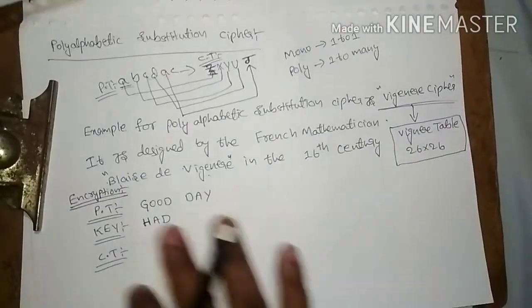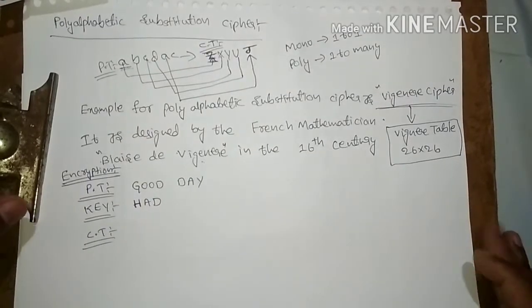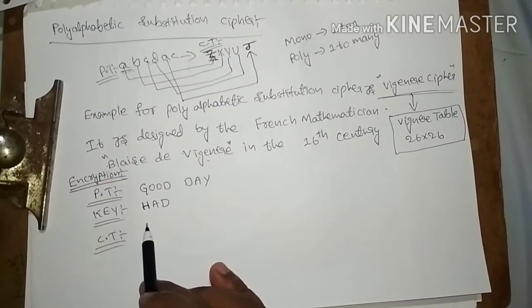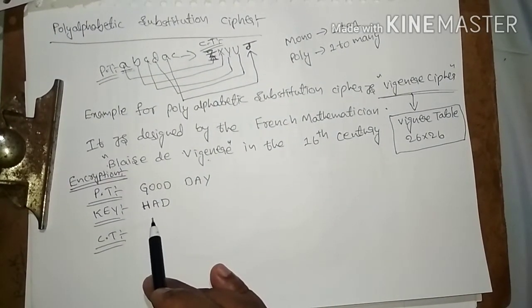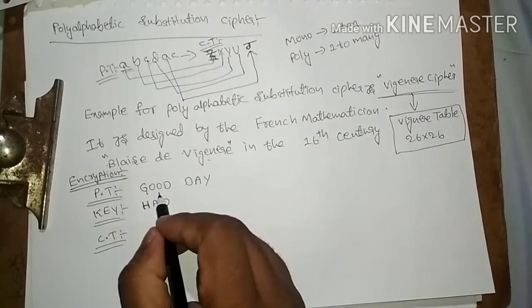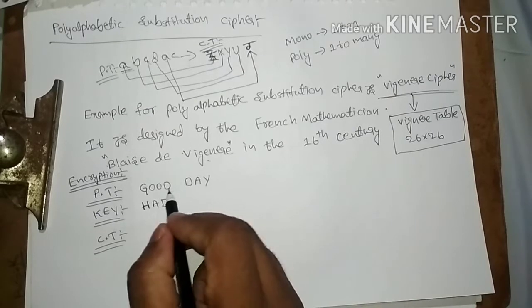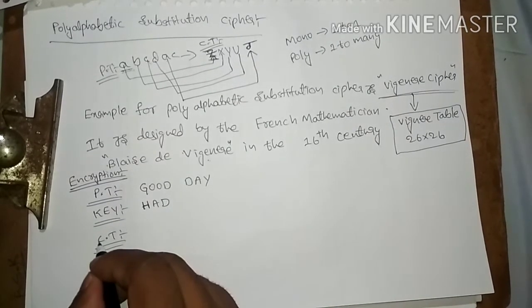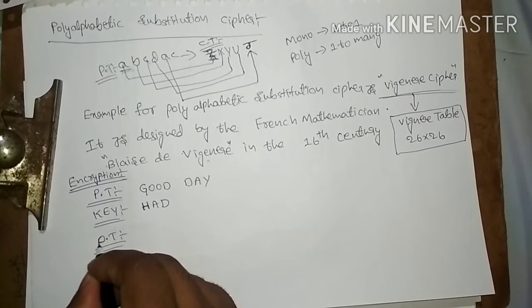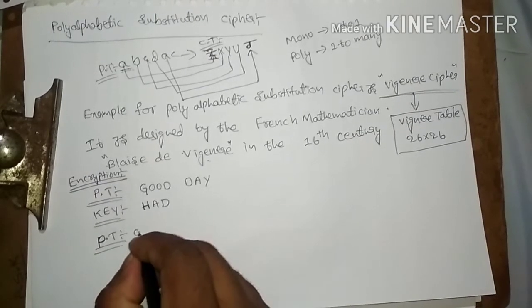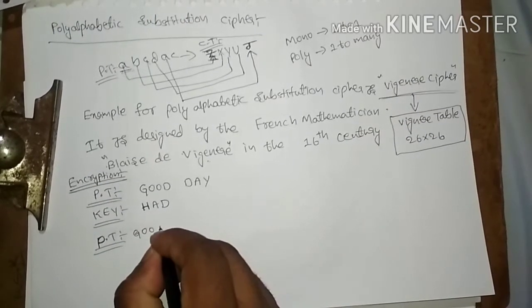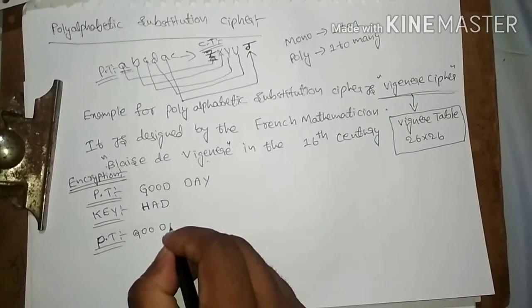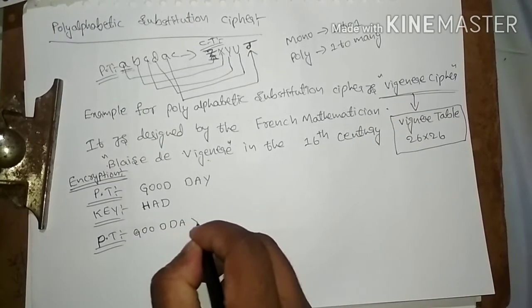Okay, let's see the example. Good day and key is had. Let's encrypt. Plain text is good day.